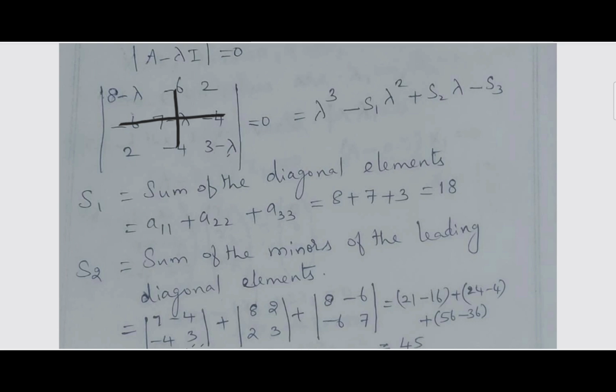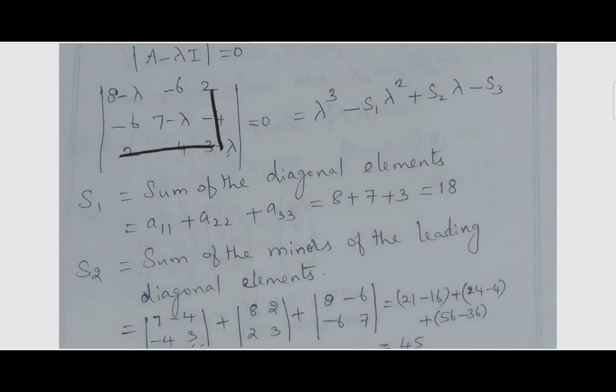For the last leading diagonal element, delete the respective row and column and take only the remaining: 8, minus 6 and minus 6, 7.